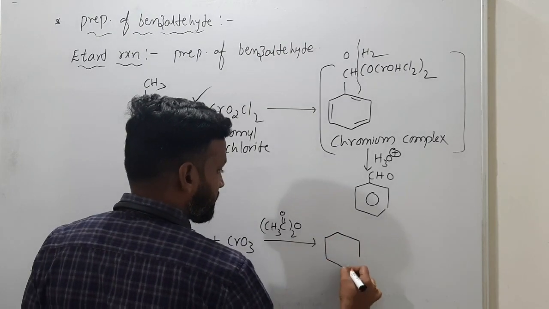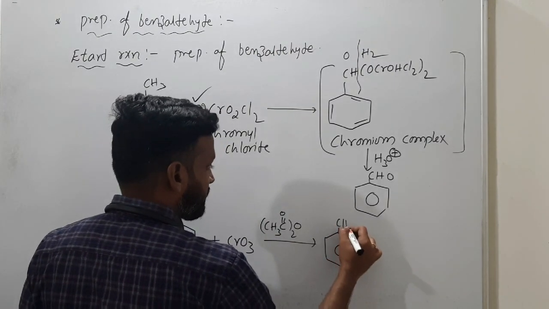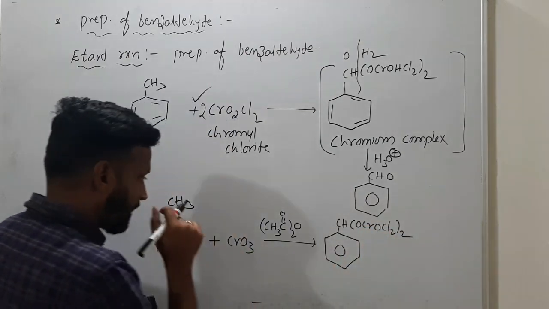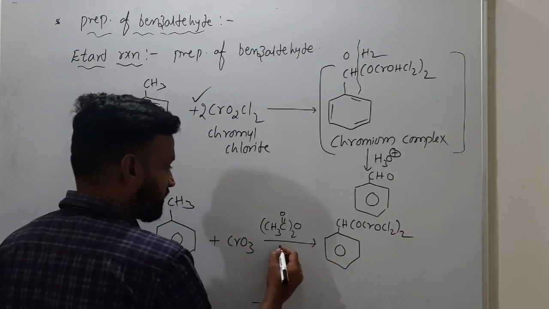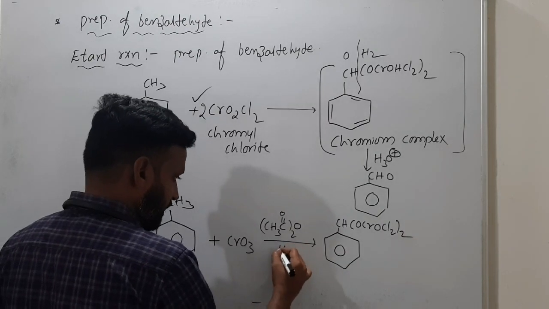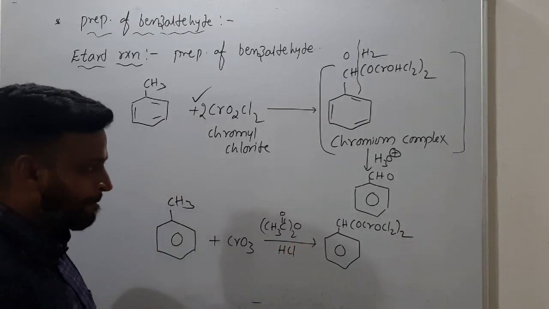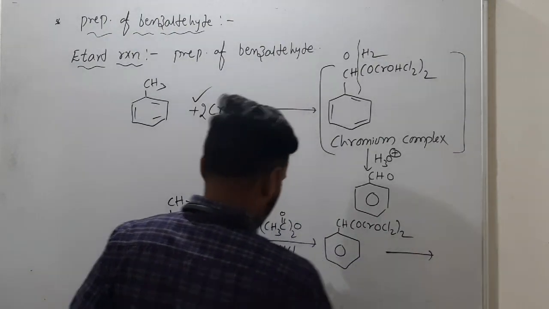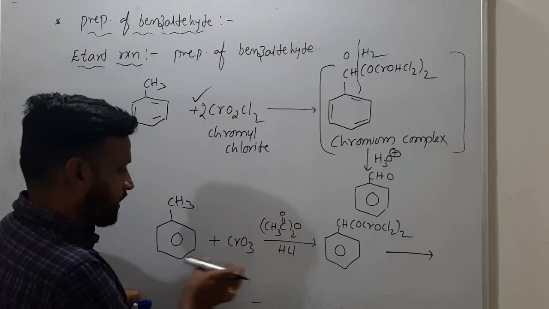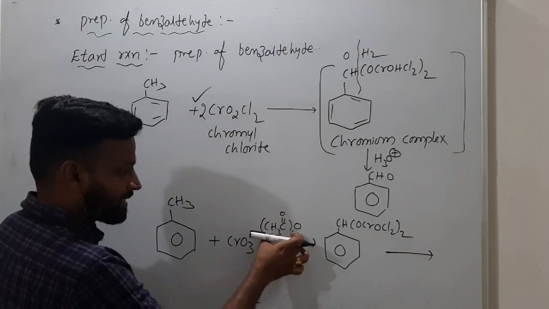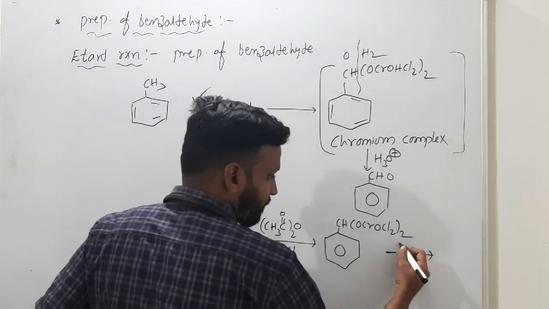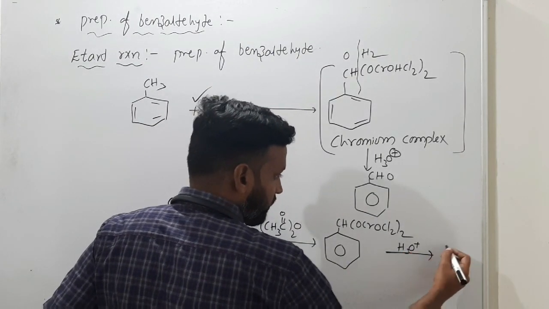That is C6H5CH(OCrOCl2) whole twice. Then, sir, how did Cl come? Along with acetic anhydride we use HCl, the acid. Along with toluene, chromium trioxide and acetic anhydride, HCl will react and the chromium complex will form, followed by hydrolysis.